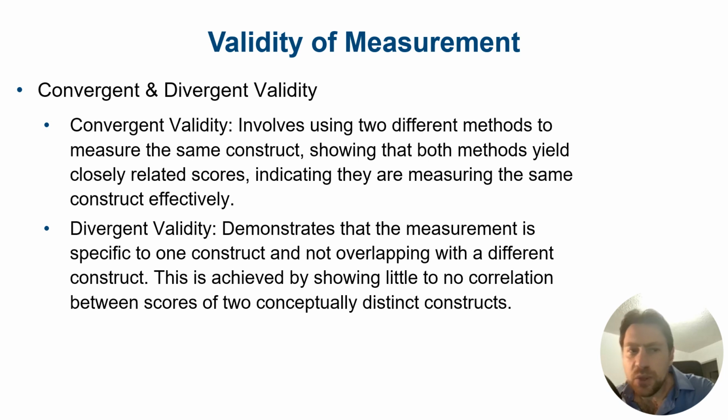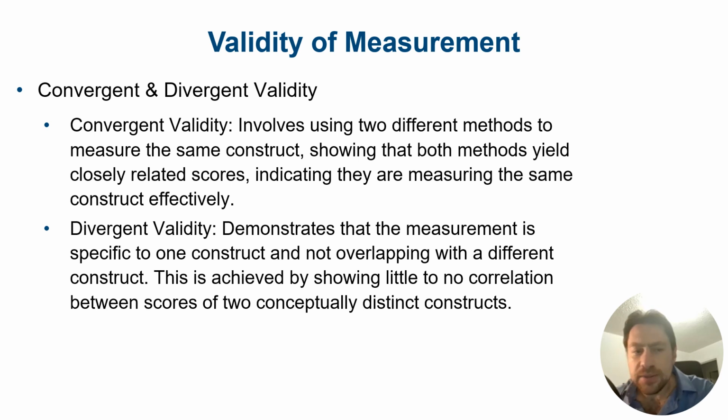And lastly, we have convergent and divergent validity. So convergent validity involves using two different methods to measure the same construct, and you want to show that both methods yield scores that are closely related, indicating that they are measuring the same construct.